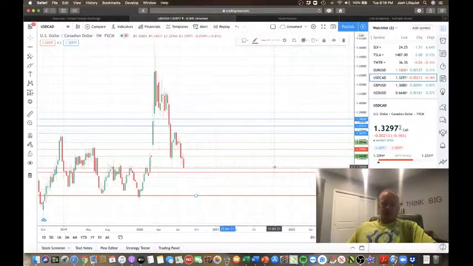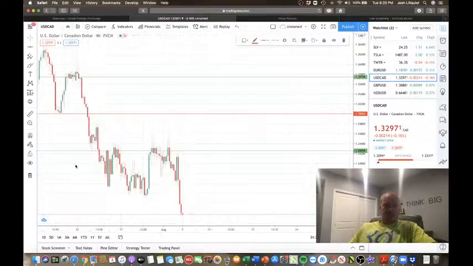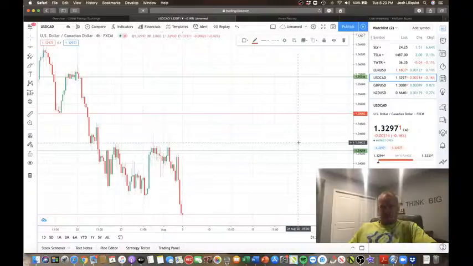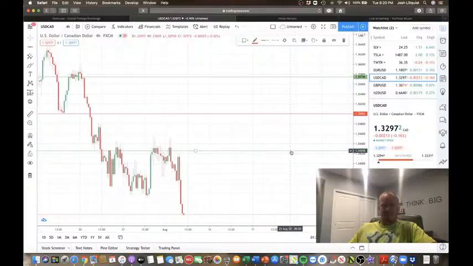Now we have our larger time frame area here. With these, we want to break them down into four chunks of 250 pips, and we're going to trade that off a 4-hour time frame. Right now we should be short from the $1.3425, which will be right here.